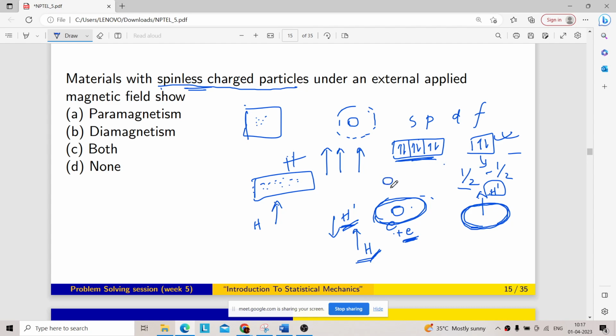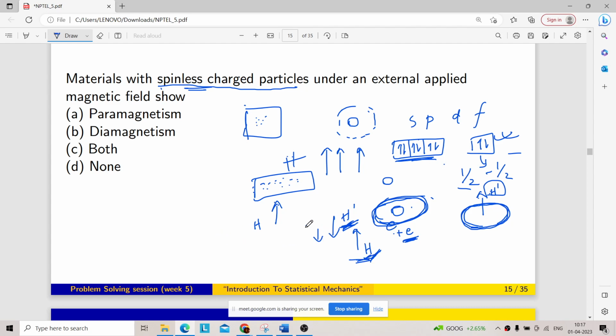It's some intrinsic property of a particle. So if spin is not there, then the only contributor to the induced magnetic field is orbital angular momentum. And from Lenz's law, the induced magnetic field is always opposed to the applied magnetic field, right?